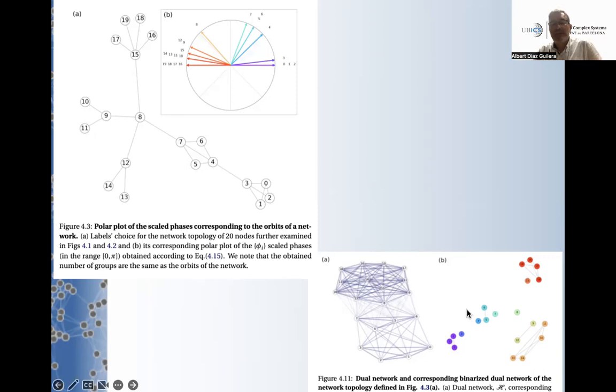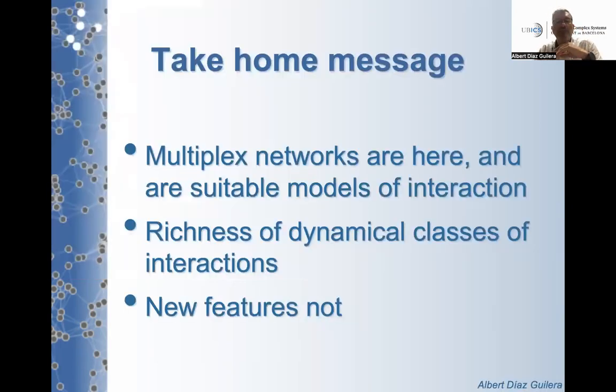In this case, the different colors do not correspond to local dynamics but to local symmetries in this network, and how they are now part of the same functional network. Okay, that's it.